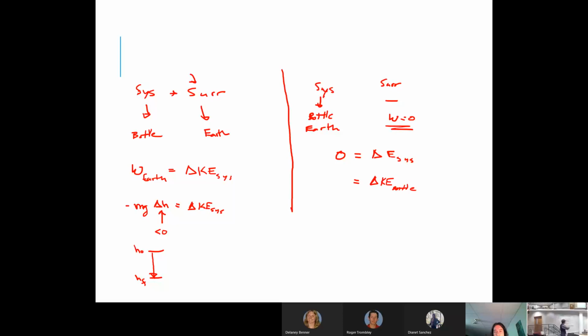We worry about the force and the work that the earth does on the system. With this choice, we don't have to worry about the work. We set it equal to 0, but now we have to worry about a change in gravitational potential energy. The bookkeeping maneuver.